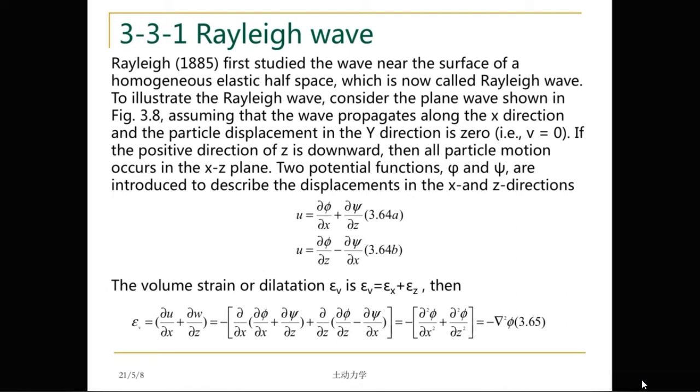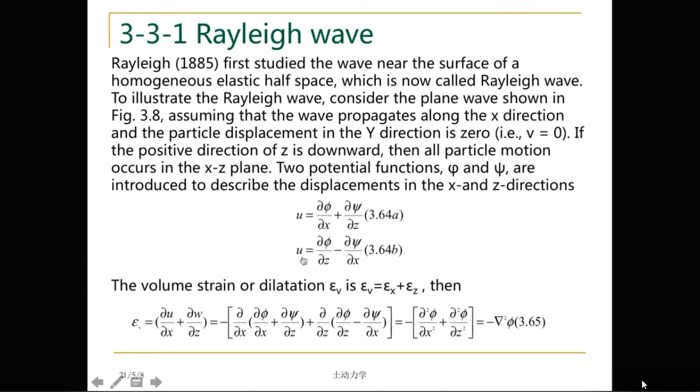Two potential functions, phi and psi, are introduced to describe the displacements in the x and z directions. Equation A, u equals dphi/dx plus dpsi/dz.